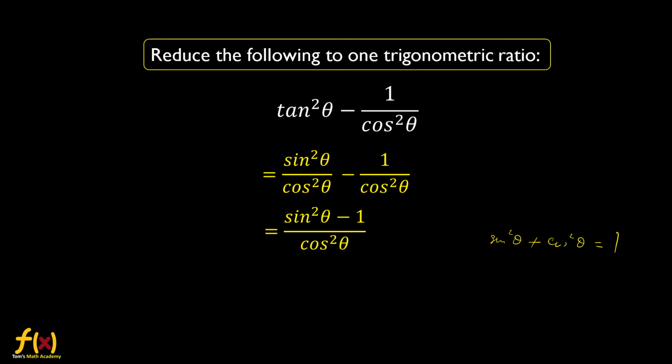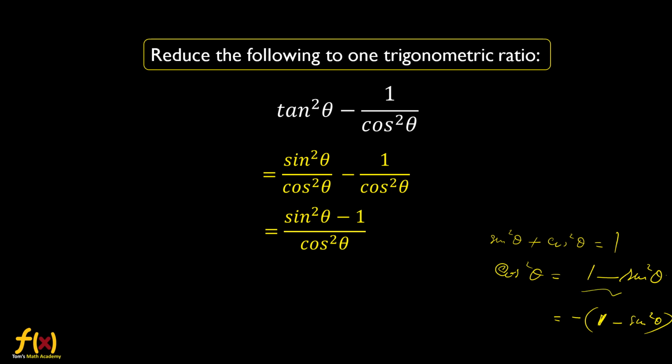Now tell me, if I take sine square to the other side, then I get cos square theta equal to 1 minus sine square theta. But unfortunately, it is not 1 minus sine square here. So what do we do? We keep a minus sign outside and then we write 1 minus sine square theta. We can rewrite it keeping a minus sign outside. So that is our technique.